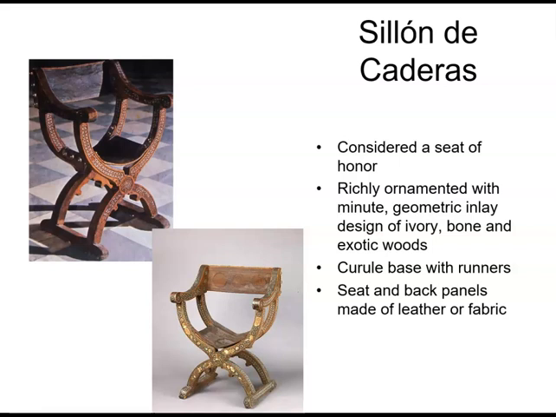What's unique about this chair is the curule form, but also that it has these stretchers that run from the front to the back. The seat and back panels are made out of leather, and oftentimes the Sillón de Caderas is foldable so that it can be pushed together to be able to be moved very easily.